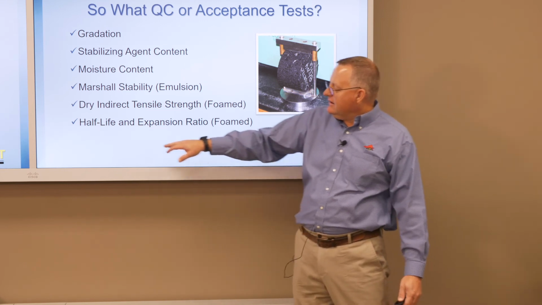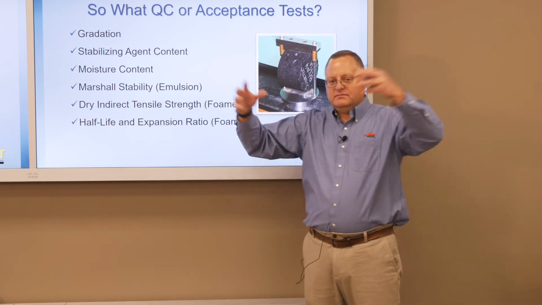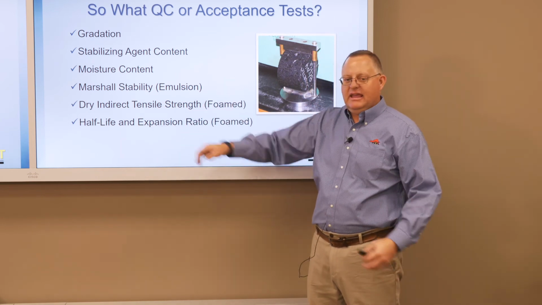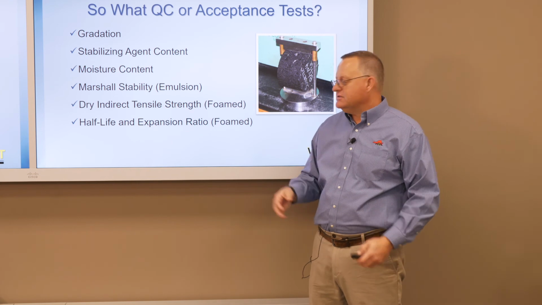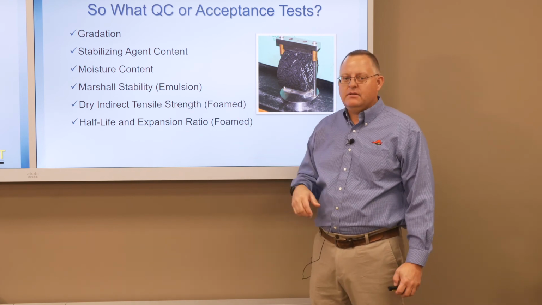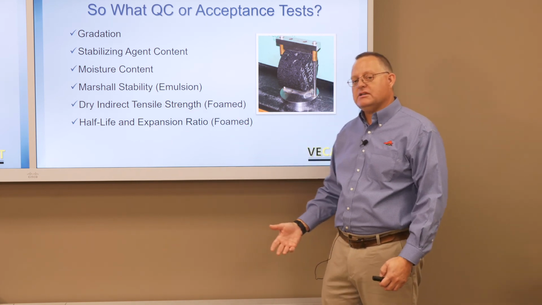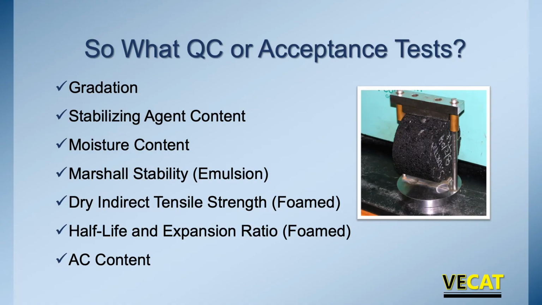So we're looking at what's the half-life from expansion all the way down, and really how much volume did we increase. So these are things that we're checking routinely during production to make sure everything is proper.